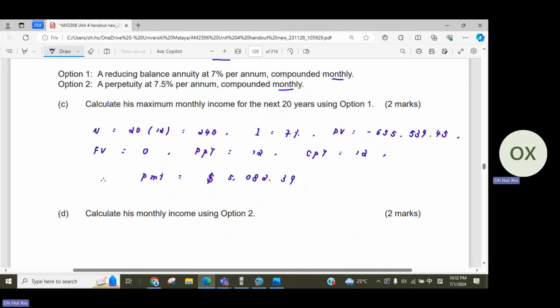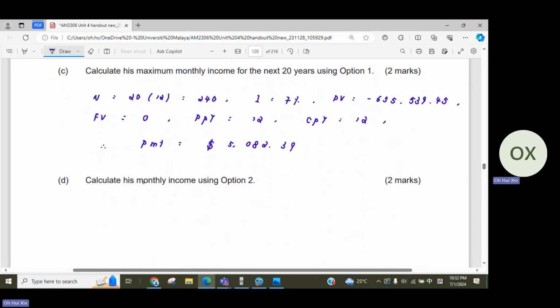Okay, so for part D, you're going to do exactly the same thing, but now it becomes a perpetuity. So for perpetuity, to calculate the PMT, the N you can put anything, as we discussed just now. The PV and FV are supposed to be the same at all times, so you do not need a specific N. So put I as 7.5% as given in the question, PV is the same as the previous one.